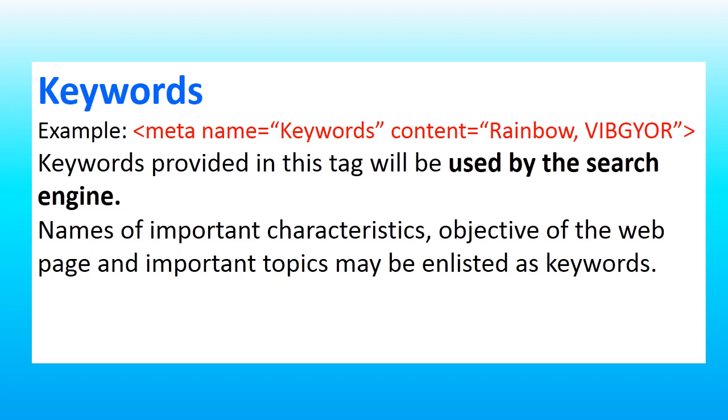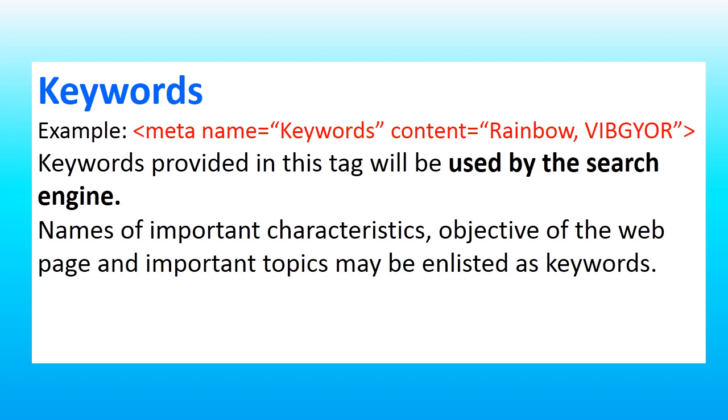Whenever we search for any information, for example, just now I had searched architectural wonders of India, then the name of that website may not be architectural wonders of India, but it is the content of that website. Then how will the Google search engine come to know that this is the content of that website and this is to be displayed?